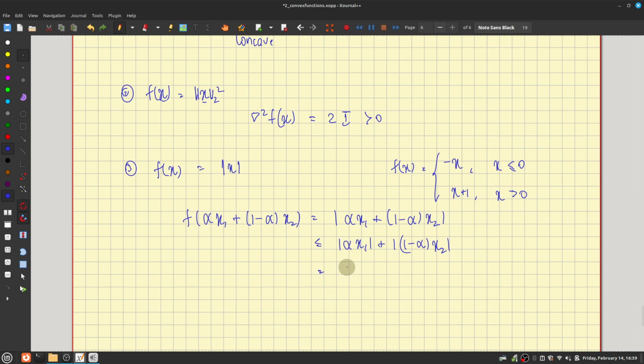This is equal to alpha times mod x1 plus 1 minus alpha times mod x2, which is alpha f of x1 plus 1 minus alpha f of x2. Hence, now you can conclude that the function is convex.